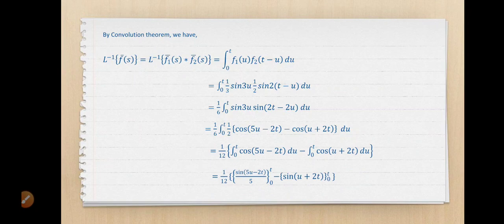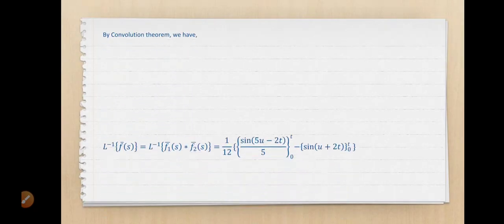Second one, integration of cos of u plus 2t is sine of u plus 2t divided by the derivative of u, that is 1, no need to write. So sine of u plus 2t is the integration of the second term within the limit 0 and t. Now the part left is to just put the upper limit and the lower limit values.